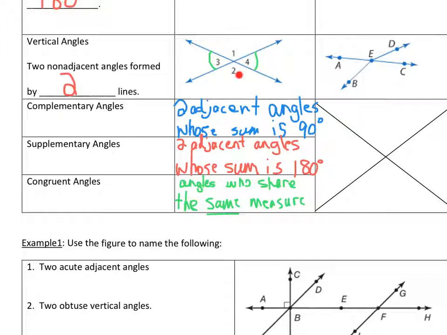When vertical angles occur in geometry, and I'm talking about this picture right up here, we know that this angle measure here is going to be equivalent to this angle measure here. And conversely, we also know that this angle measure here is going to be congruent with this angle measure here because of the way that supplementary angles work.